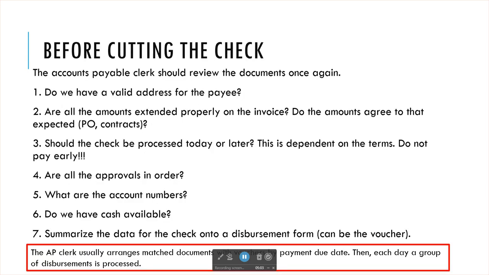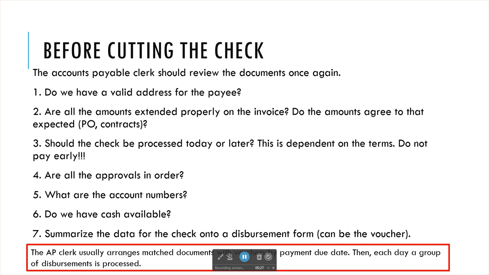After we have done the three-way match, we are at a position where we could make a cash disbursement. But before actually cutting the check, the accounts payable clerk is going to review everything. Is this a valid address? Do we know the address? Are we going to match up all the addresses and make sure we know where the check is to be sent or if something has changed? Do the amounts extend properly?